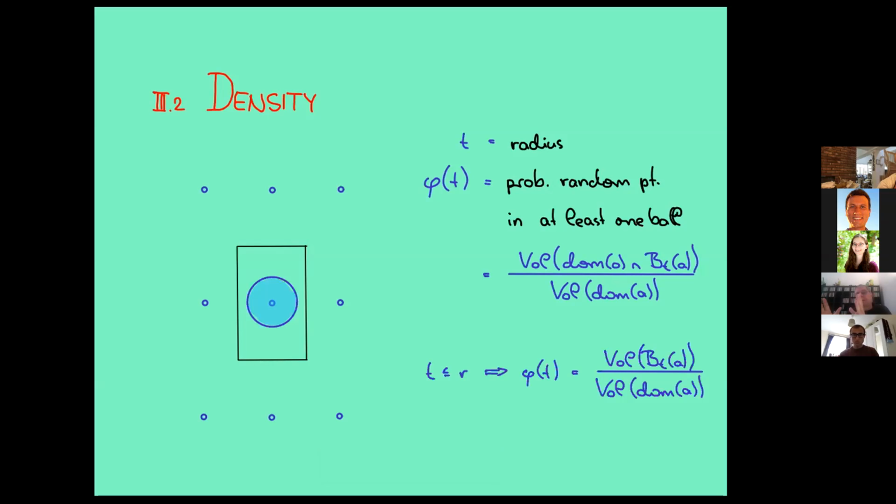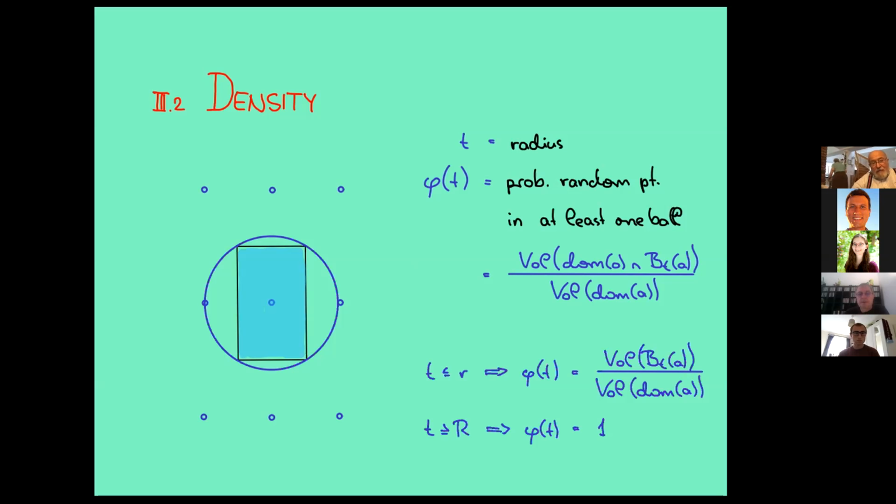It leaks out a little bit until it covers the entire domain. When it covers the entire domain, you'll recognize this radius as the covering radius. So if t is larger than the covering radius, then of course the probability is 1 because everything is covered, so the point cannot escape lying inside the balls.